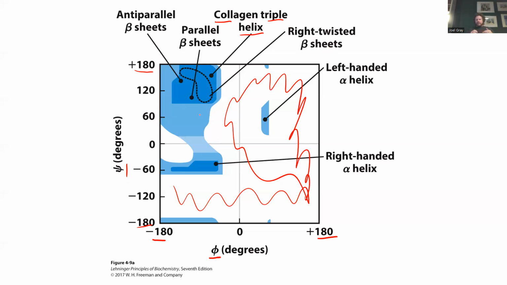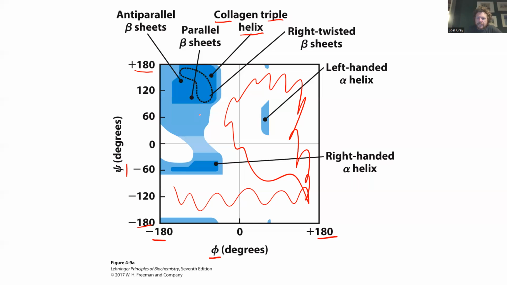The important part about this is to understand that this is kind of an average representation of a protein's favorable bond angles. The peptide bond does not move, but those phi and psi angles, they are going to increase, decrease, and they're going to find some kind of favorable combination or combinations that work out.